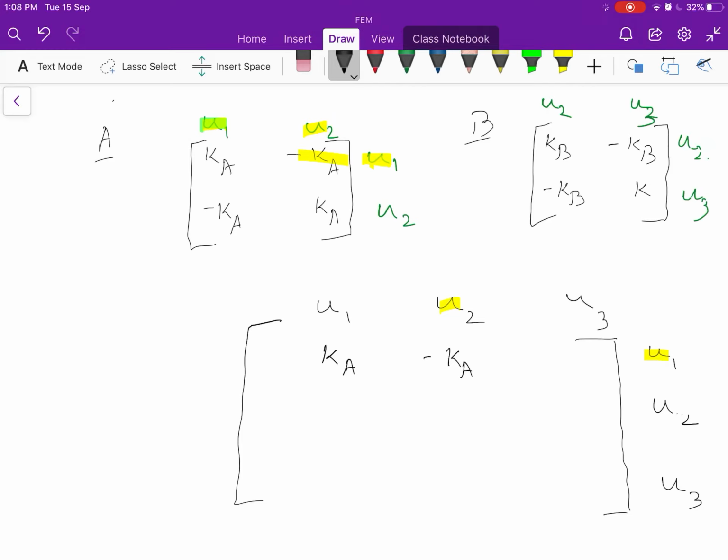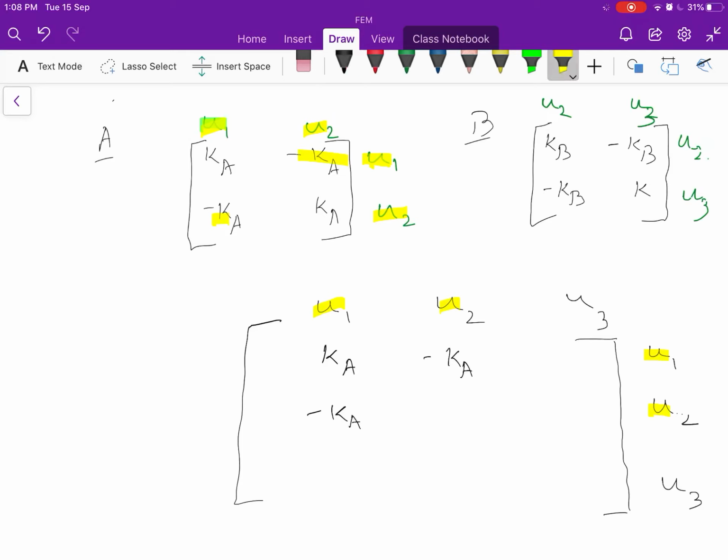Then when we consider U1 and U2, we get minus Ka. We write it down here, minus Ka.